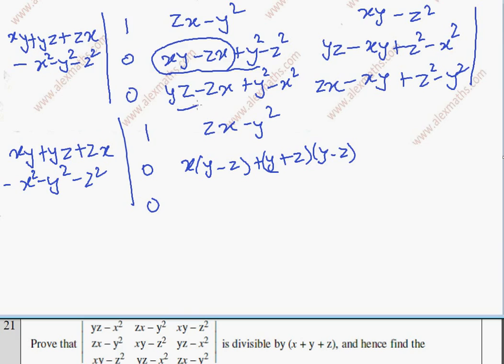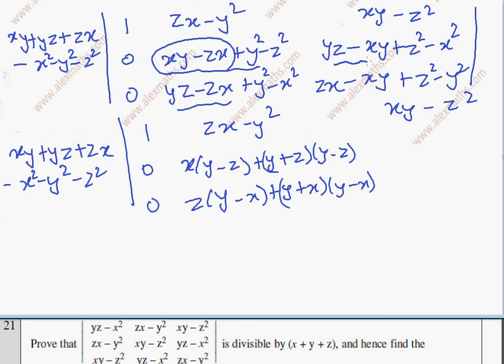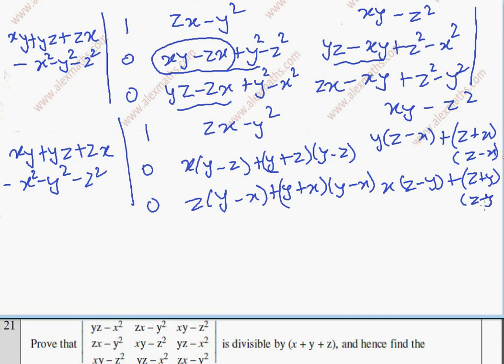Similarly, if I take z common here, it is going to be y minus x. Here it is y plus x into y minus x. Then coming to the third column, in the same way, if I factorize, y common: z minus x plus z plus x into z minus x. Then here x common: z minus y plus z plus y into z minus y.